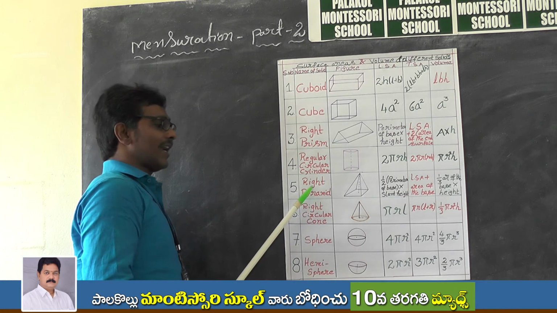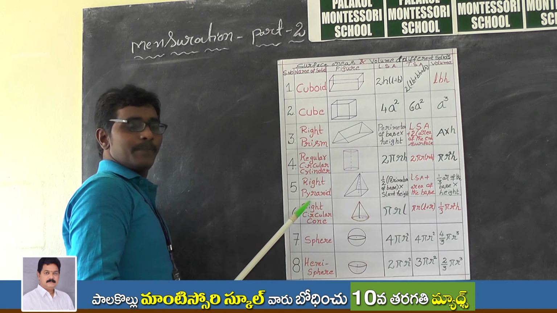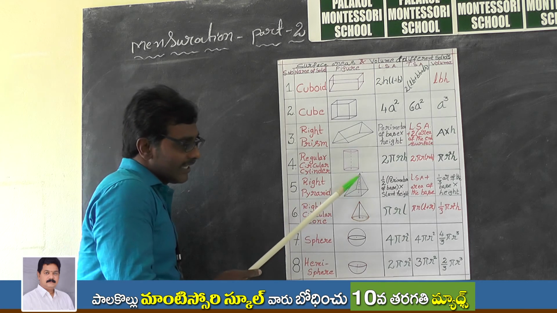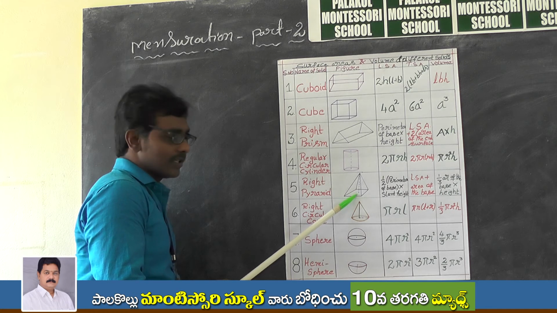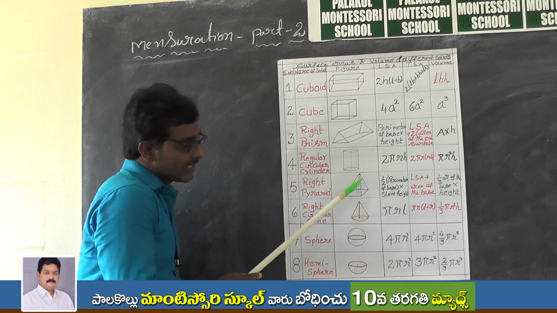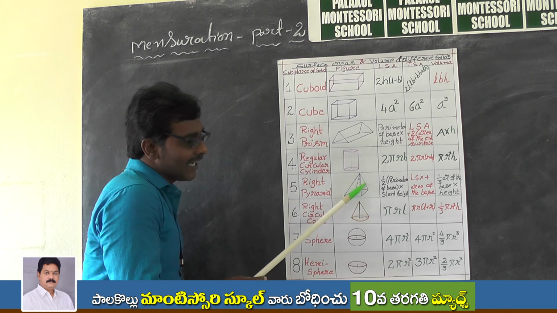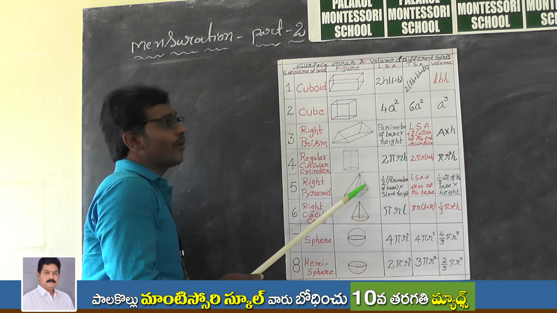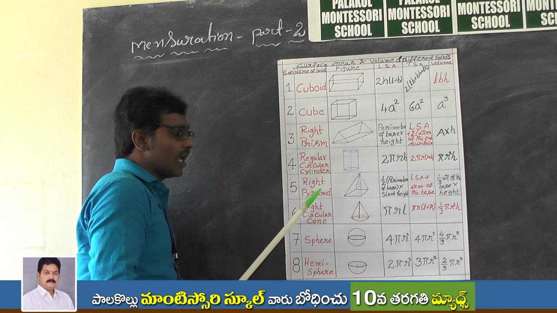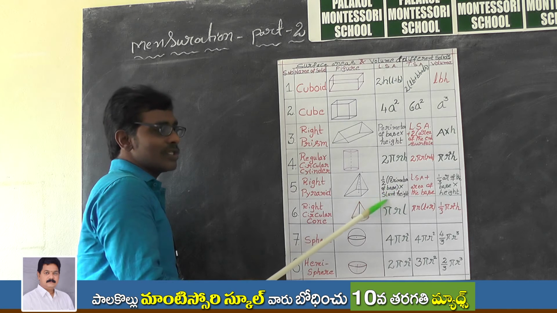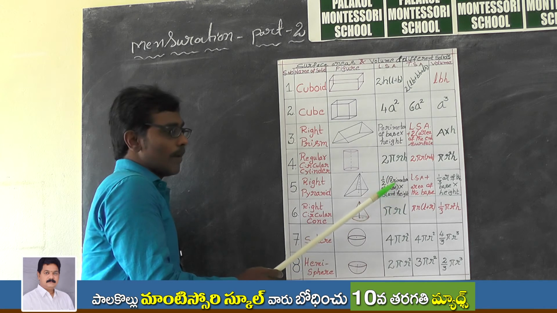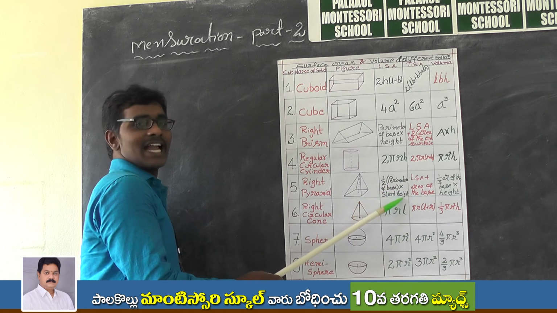Next one, right pyramid. In the pyramid, the dotted straight line is the direct height, which you take as H. This is the slant height, which you take as L. So how to write the lateral surface area of the right pyramid? Half into perimeter of the base into slant height.